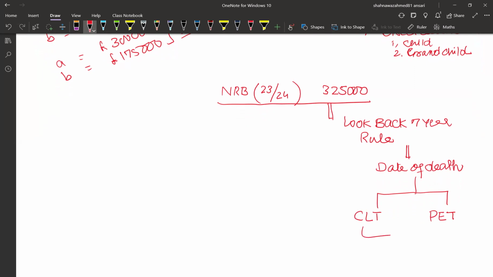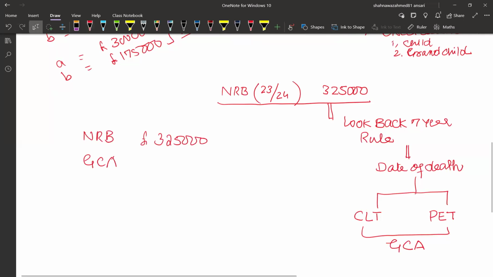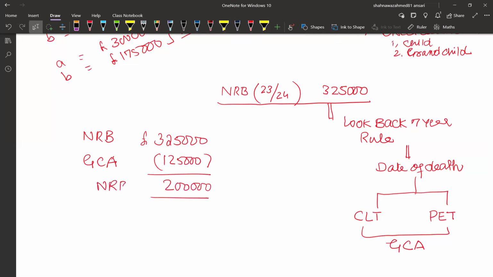And then we need to accumulate the gross chargeable amount. Let's assume that against this 325,000 NRB, in the previous 7 years, we have a gross chargeable amount of 125,000. It means that the available NRB is now 200,000, and we need to deduct this NRB in the main pro forma.